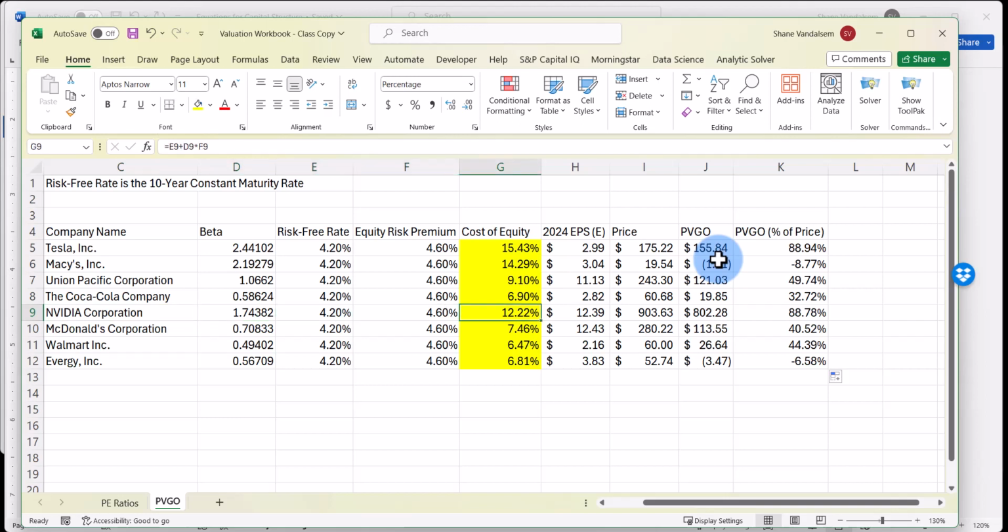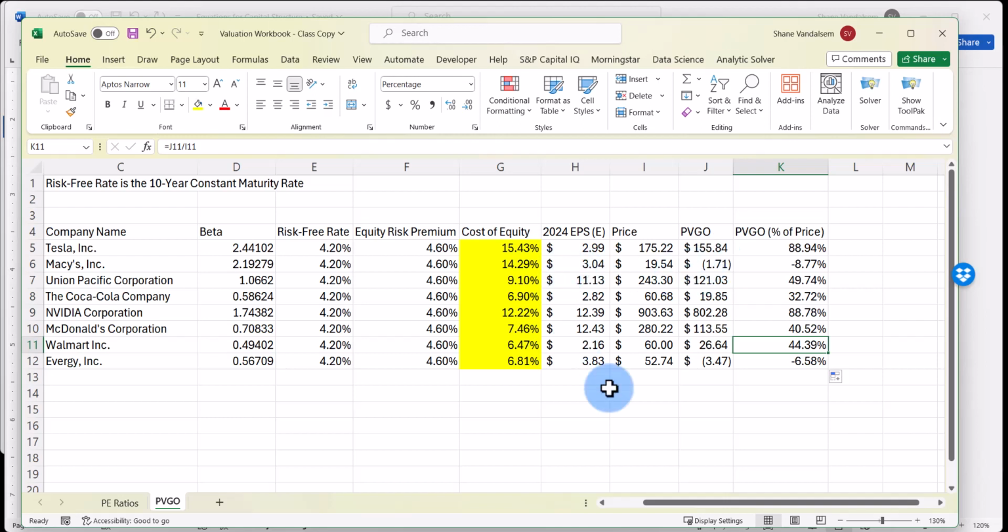The more moderate ones we see here are ones like Coca-Cola, Union Pacific, McDonald's, and Walmart. So they get roughly half or maybe a little bit more than half of their value based on what they're generating today, and maybe a little less than half their value, 40 to 50%, based on the future expectations for growth.